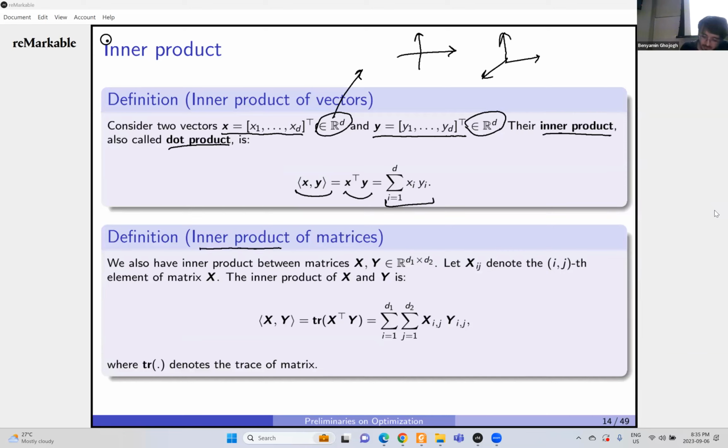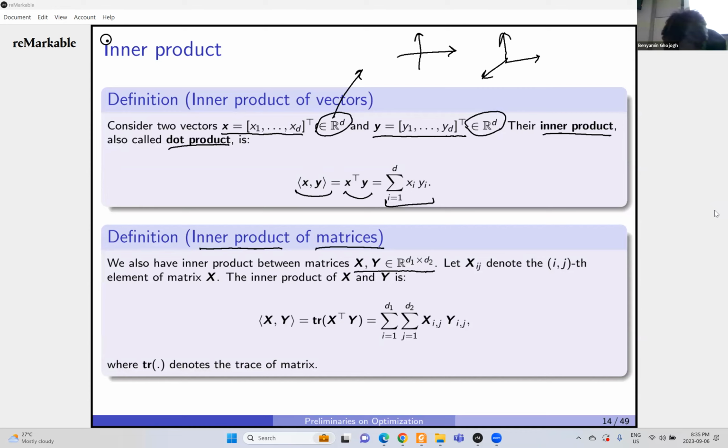We can have inner products for matrices. I think you already knew the inner product of vectors, but you might be unfamiliar with the inner product of matrices. It's denoted as this. Consider two matrices X and Y. By the way, in this course, I usually denote scalars by a small letter, vectors by bold small letters, and matrices by bold capital letters.